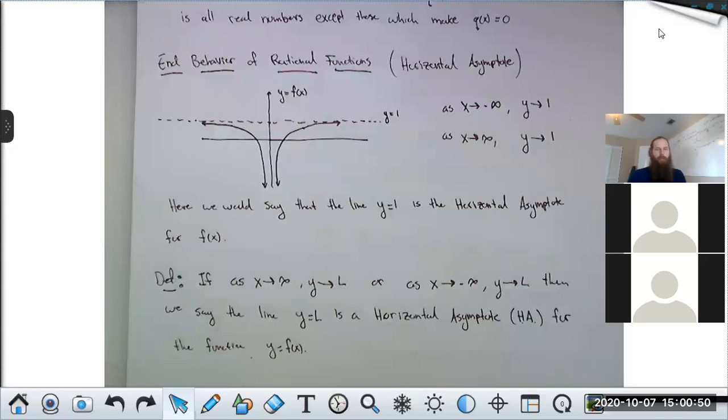Right. And this is a place where Desmos can be useful to fiddle around. You can also generate tables in your calculators. That can be fun. But let me show you one or two more neat examples.